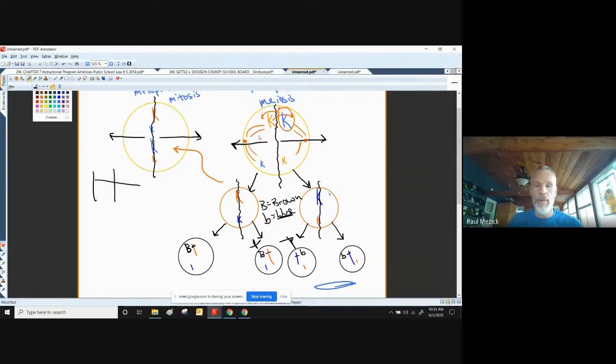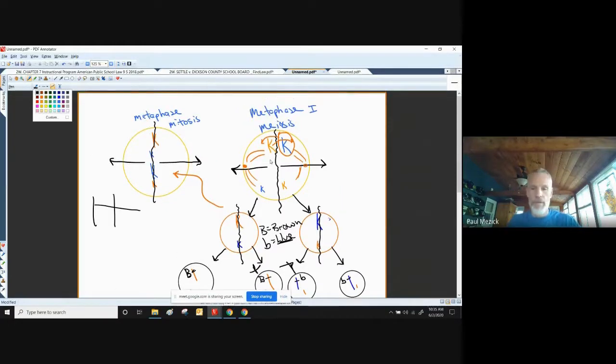Think about it. Parent cell, because this is already duplicated. So this parent cell, before we started, it's hard doing this because you have so many little circles and stuff, but this parent cell before we started had 1 blue.